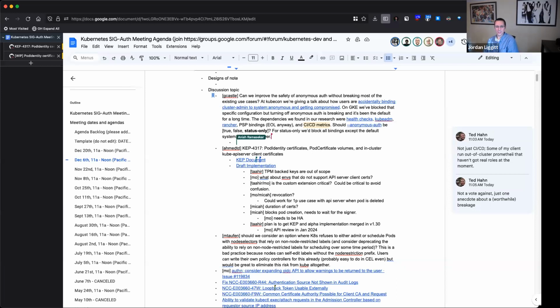The pre-authentication bootstrap stuff like kubeadm and Rancher, I'm maybe less sympathetic to those use cases. OpenShift has it. VMware Tanzu has it. So it's not uncommon.